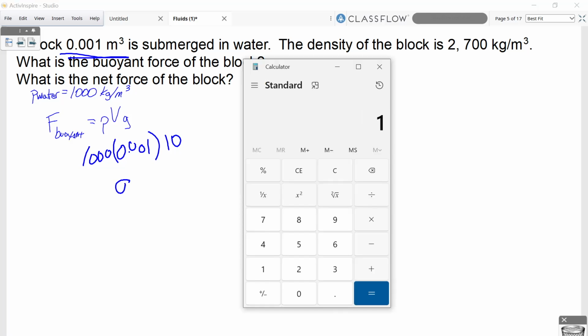now let's multiply it. 1,000 times. Let me try that one. Okay. So we get 1.